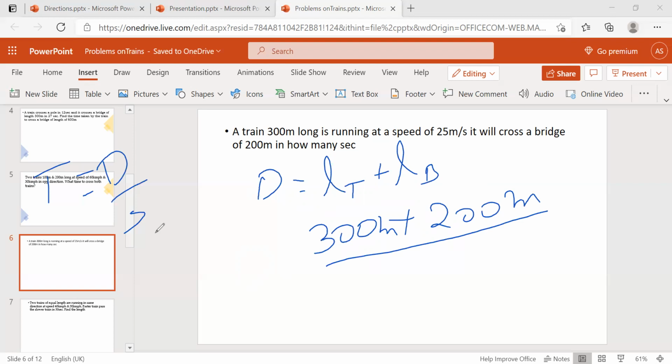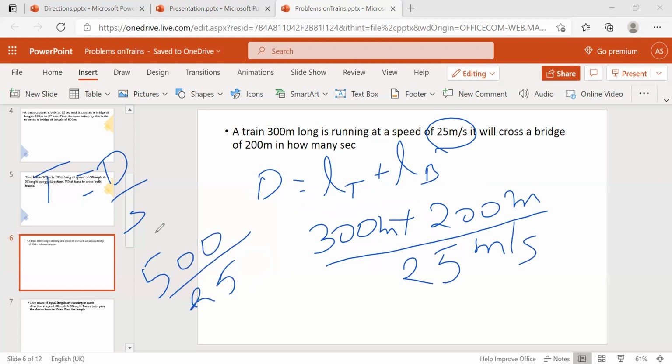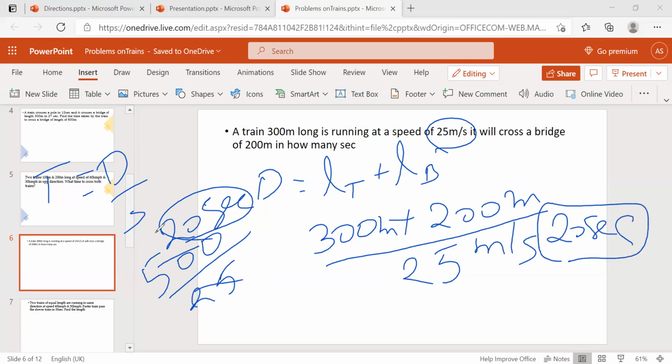And the speed they gave here is 25 meters per second. Now this is nothing but 500 by 25, which is 20 seconds. So easy, right? A simple problem, easy for your understanding.